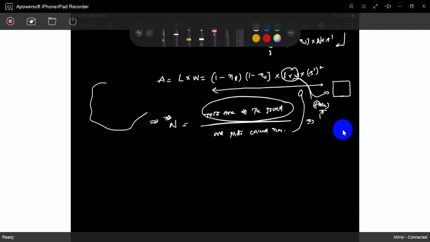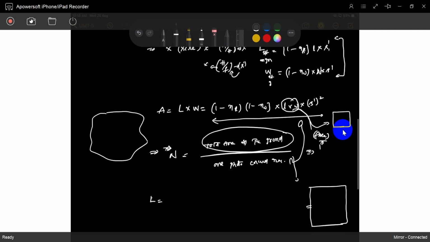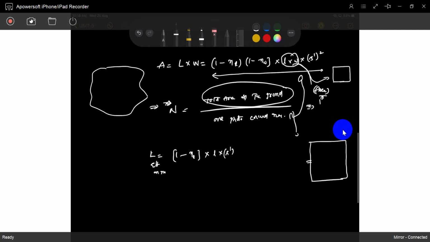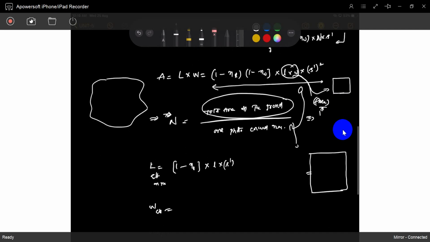If any particular exact field is given like this, we can calculate by this also, but we can calculate another way. See the length. The effective length on the ground covered is (1 minus n) multiplied with the length of the photograph, S. We know it, and width also we know it.